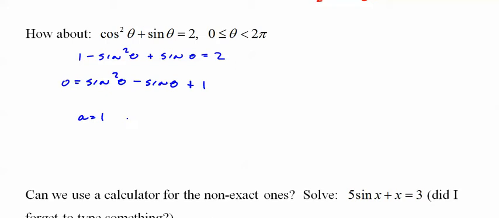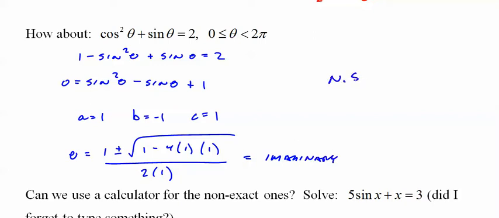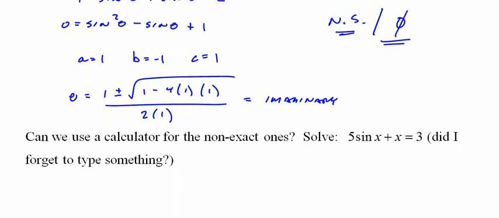So A equals 1, B equals -1, C equals 1, theta equals 1 plus or minus square root of 1 minus 4 times 1 times 1 all over 2 times 1. That is imaginary, because the discriminant is negative. So no solutions. The null set. Had me for a second there.